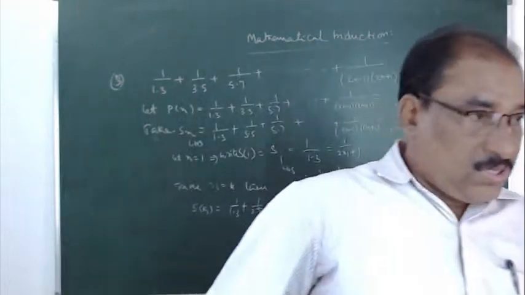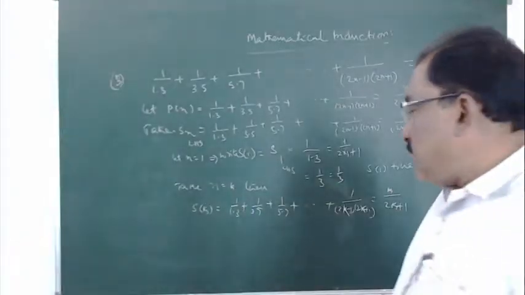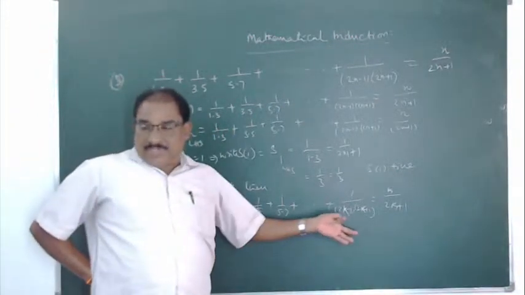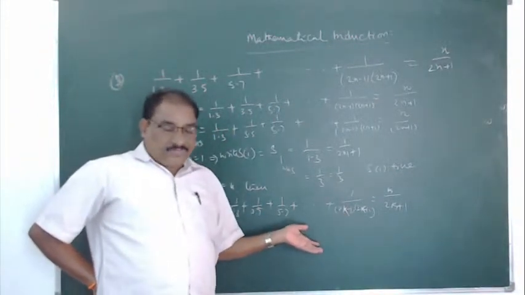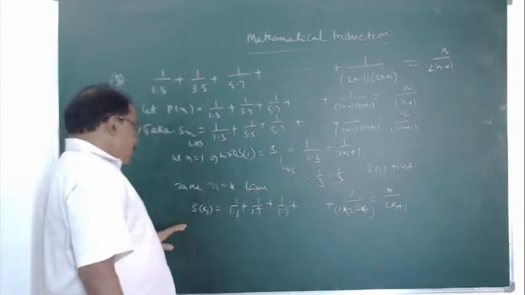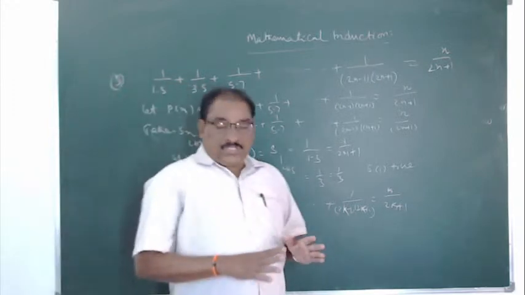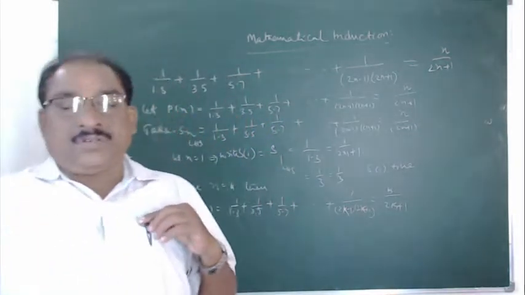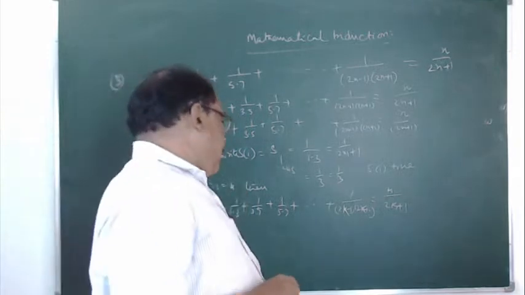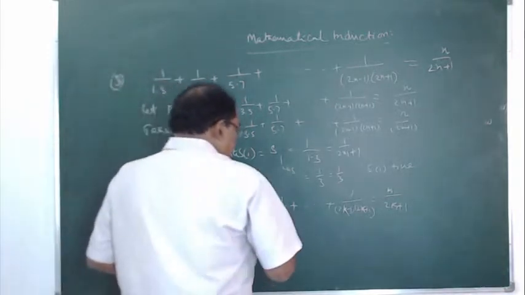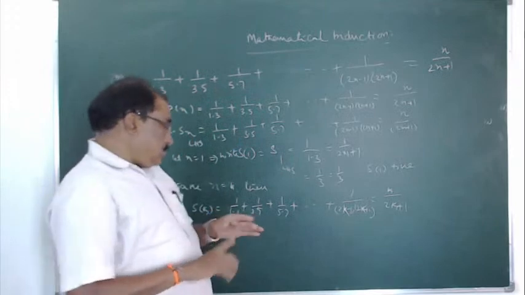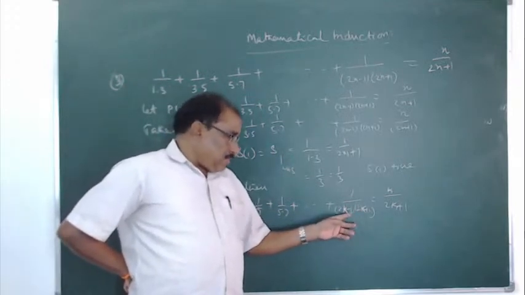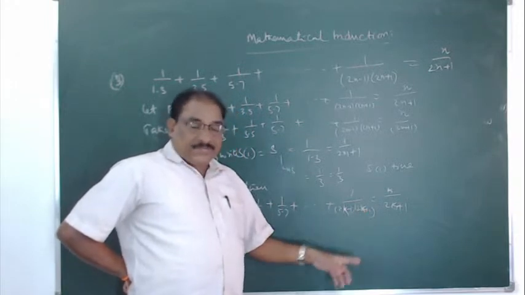And the third step is the inductive step. This is more important, and this is the backbone of the solution of the problem. First of all, we know the nth term, here kth term or nth term, is 1 by (2k minus 1) into (2k plus 1).